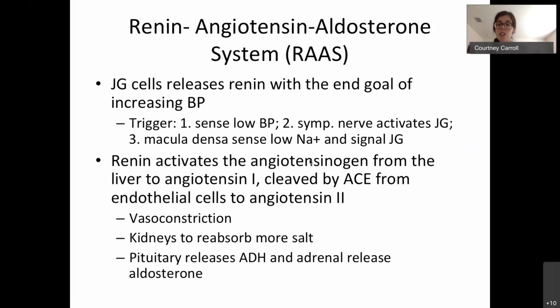And angiotensin 2 has wide-reaching effects, right? It's going to vasoconstrict, it's going to affect the kidneys themselves, and it's also going to signal to release ADH and aldosterone, which will have even more effects, again, with that end goal of increasing our blood pressure.